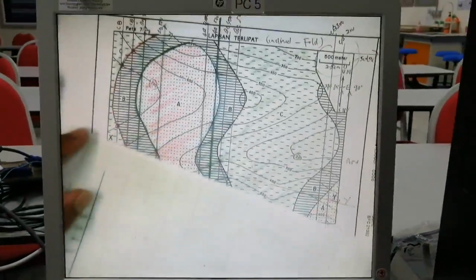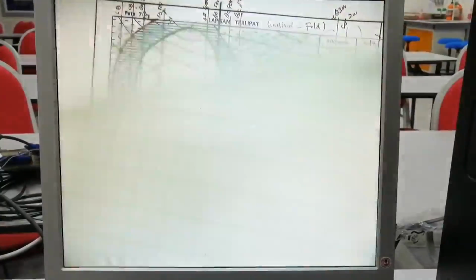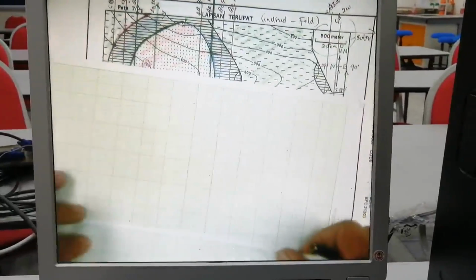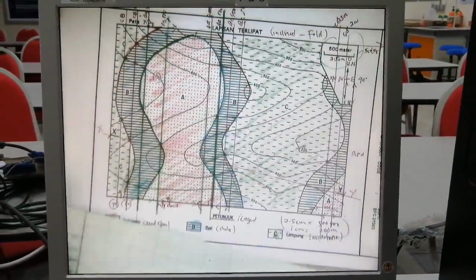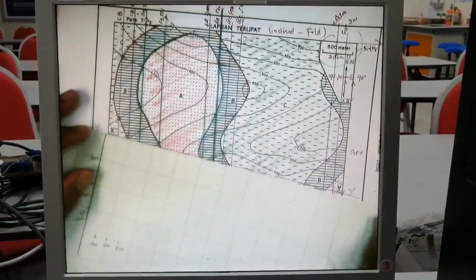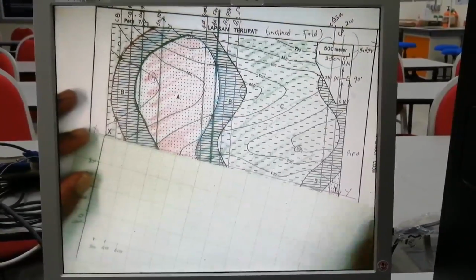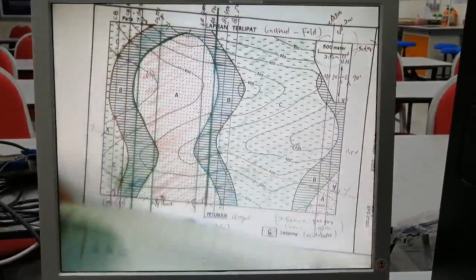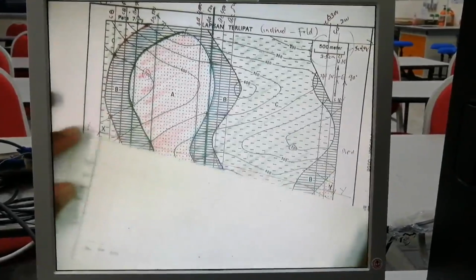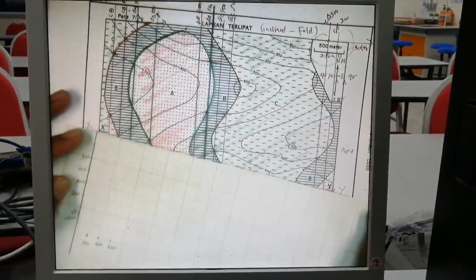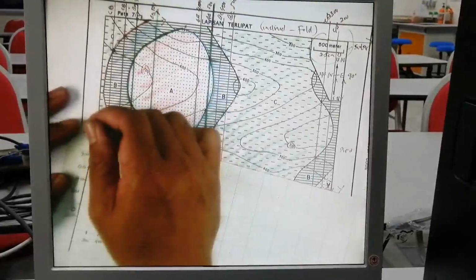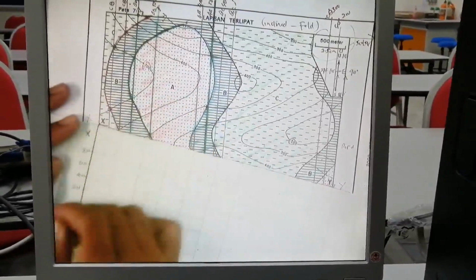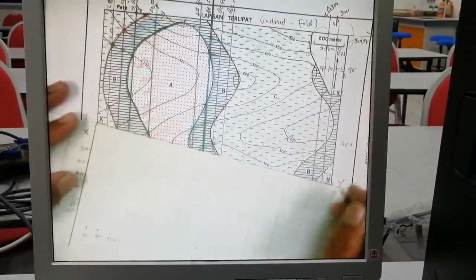So you have to put your... okay, when I fold this, I can see this line. It begins from this line, this one is X, and the end is here.